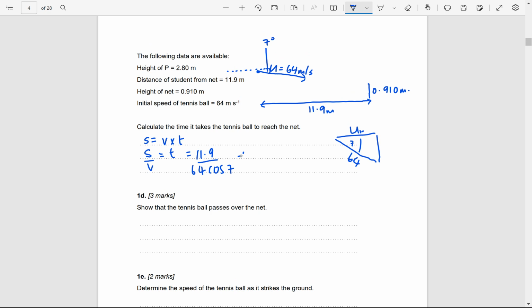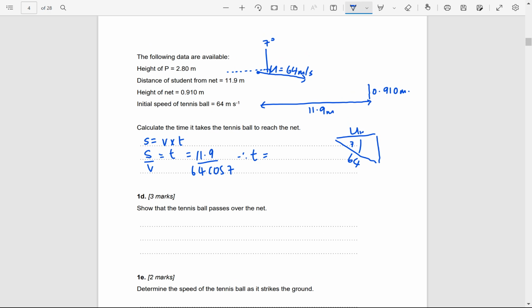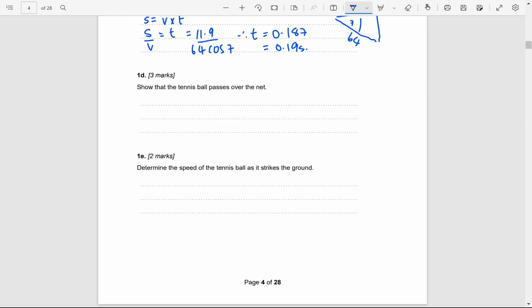So therefore, t equals 0.187, which to 2 sig figs is 0.19 seconds.